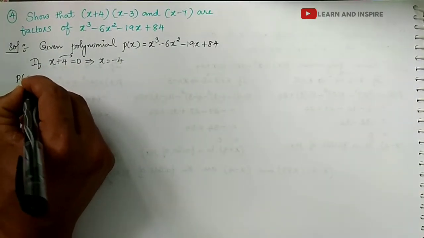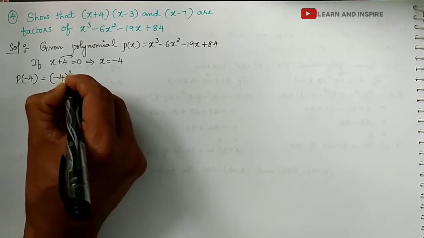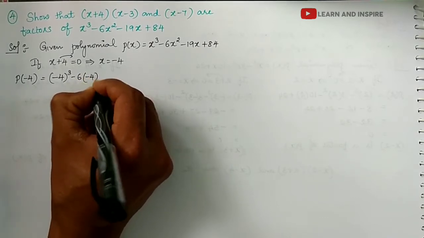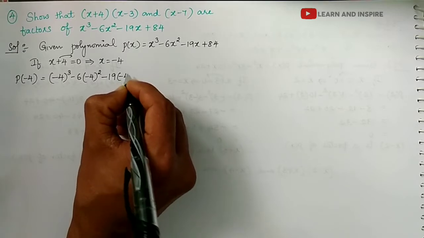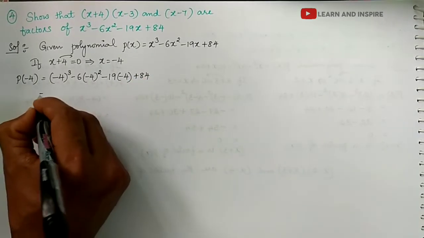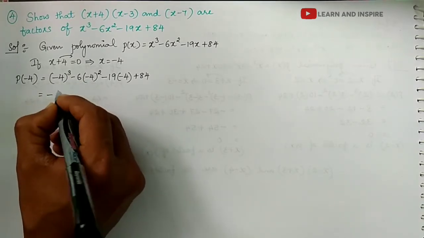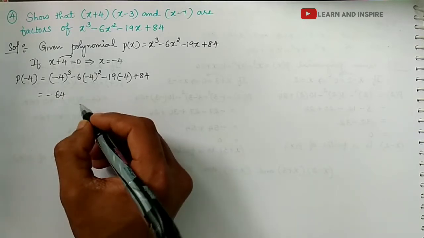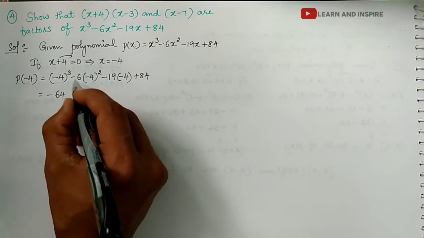Then we get p of minus 4 equals minus 4 whole cube minus 6 into minus 4 square minus 19 into minus 4 plus 84. Okay, minus 4 cube: minus is multiplied 3 times, so we get minus 4 cube is 64. 4 is multiplied 3 times: 4 into 4 into 4. 4 4s are 16 and 16 4s are 64.